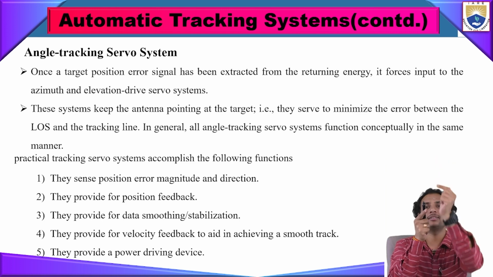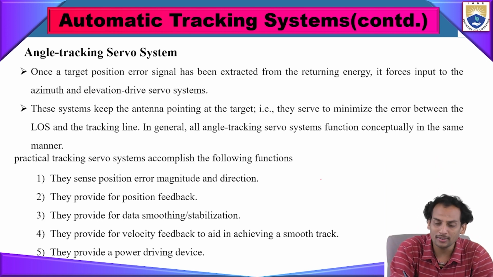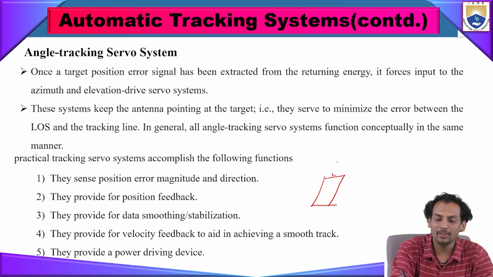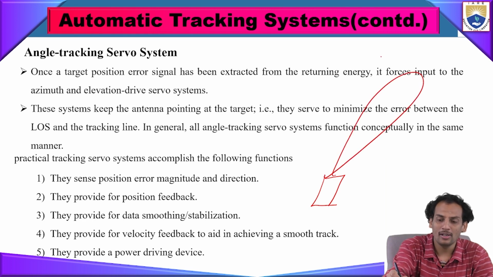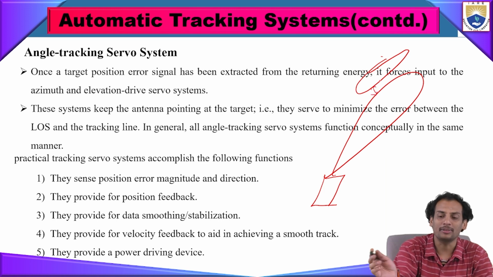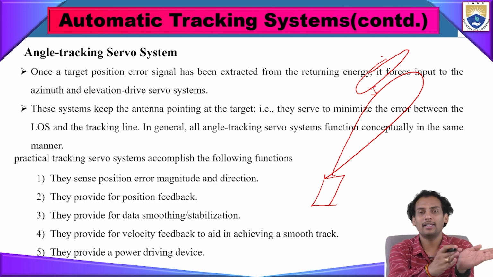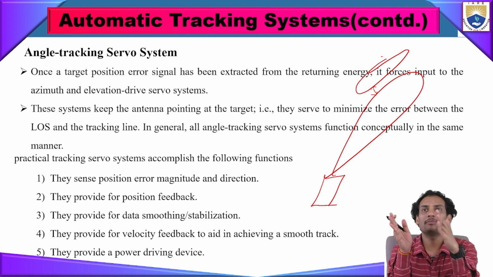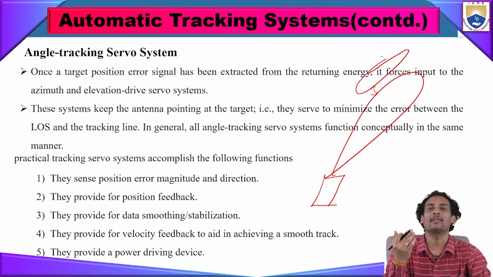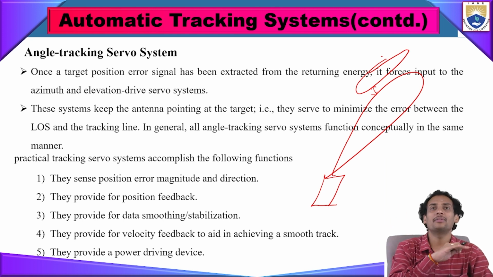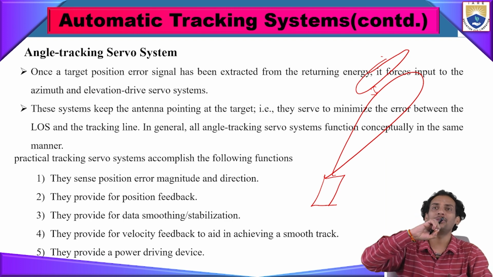This signal will be in this way, but the target will be in this way, so there will be some gap. Because it is moving like this, due to that angle adjustment it is missing the target track. So to avoid that, first it will detect the positioning error.